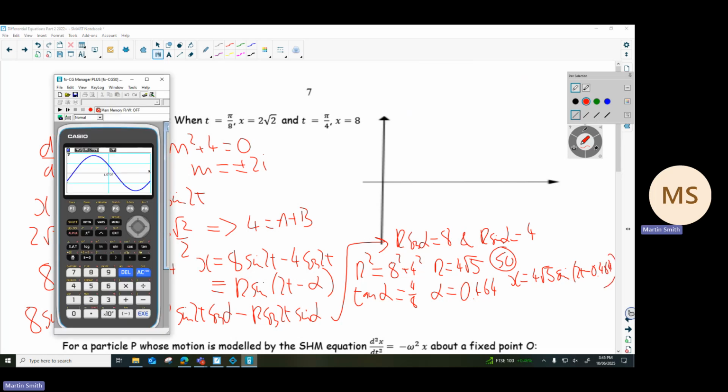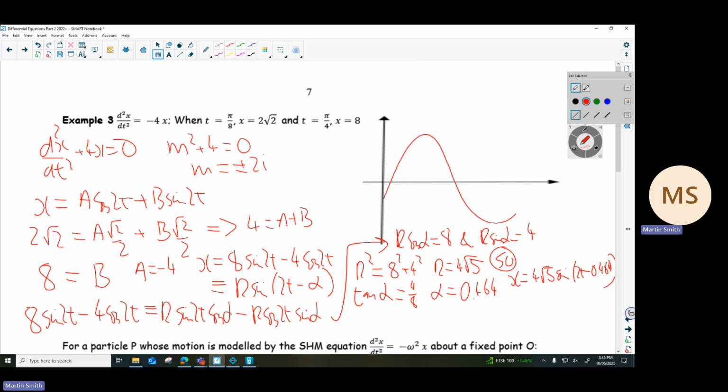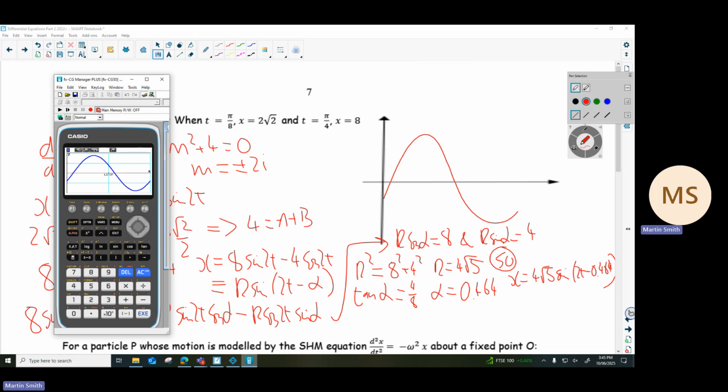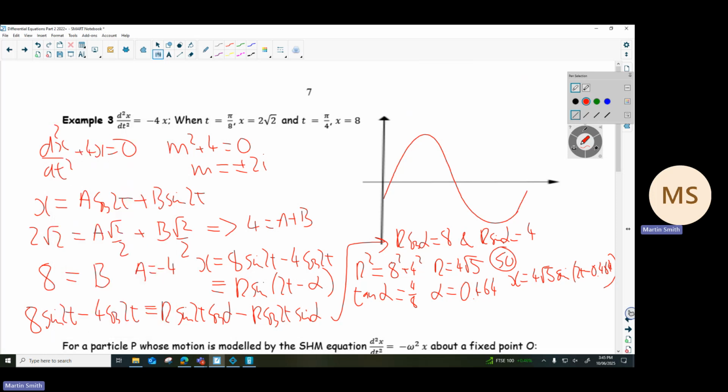So the graph you'll know looks a bit like that. Let's come back to me here. I can use this form here. Let me just change the color a little bit. To work out the amplitude, that gives me the maximum value: you've got a sine graph that's been stretched and also translated in the x direction and then stretched in the y direction.